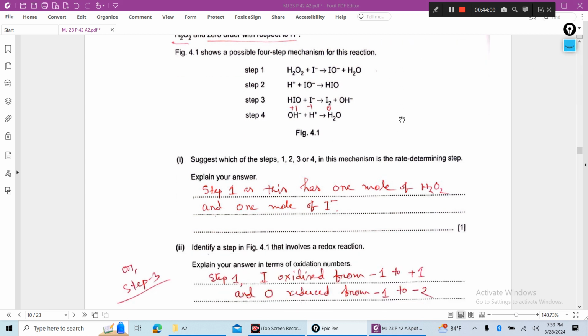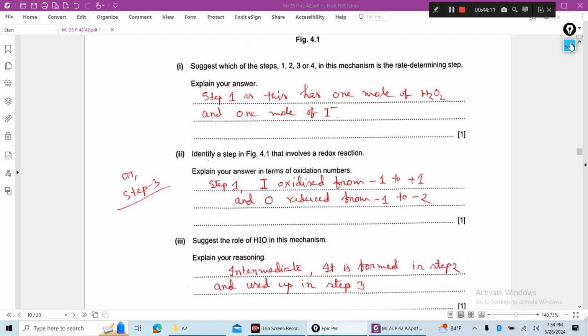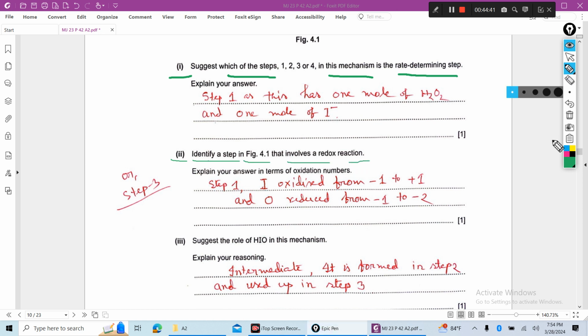Then number 2, identify a step in figure 4.1 that involves a redox reaction.